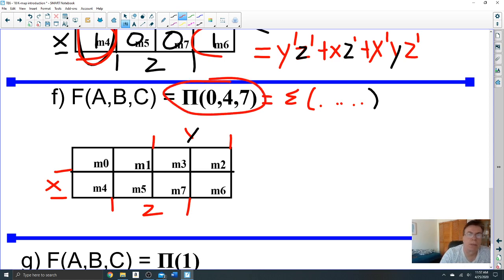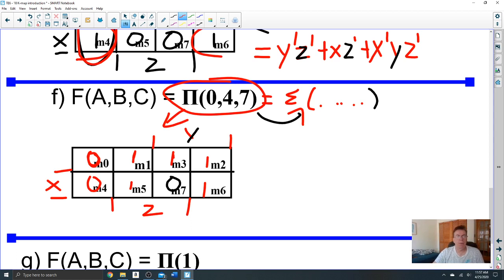So we put max term 0, max term 4, and max term 7 on the map. The rest of the map will be ones. So you don't have to convert this into min terms. You can just plot the max terms right on the map.